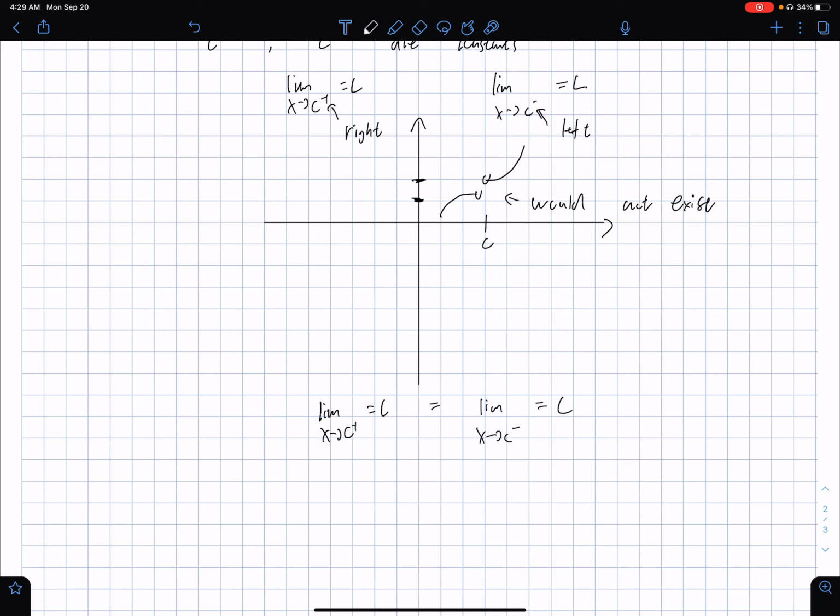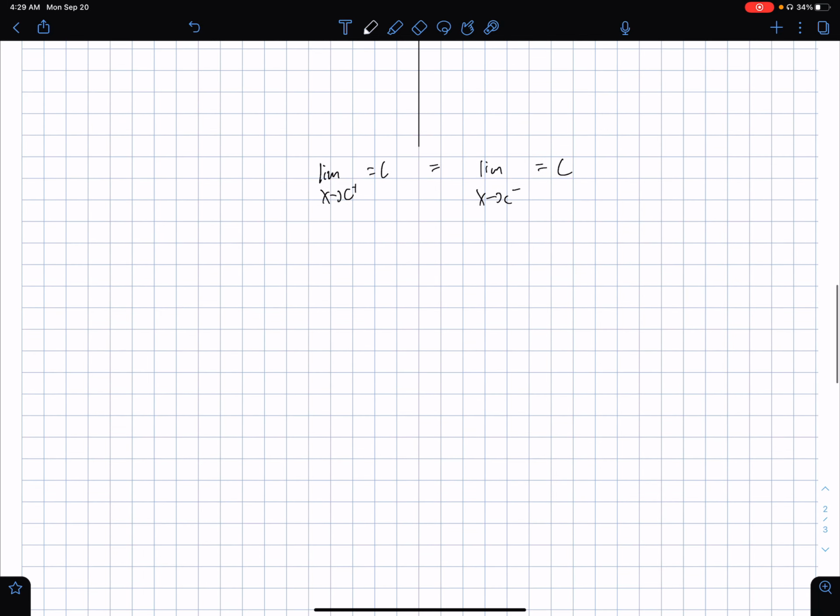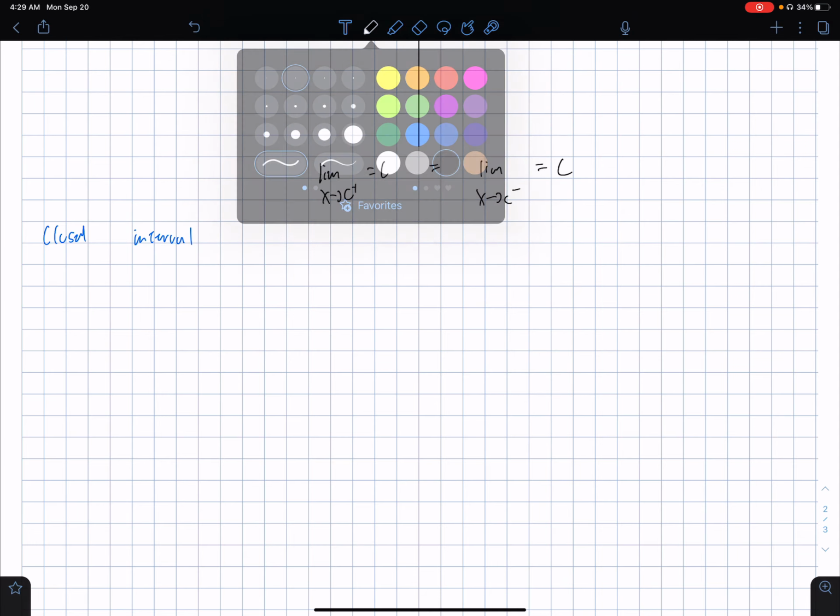Moving on, we can talk about how to determine if a function is continuous or not. So if a function is continuous on a closed interval, there's actually a theorem for this.